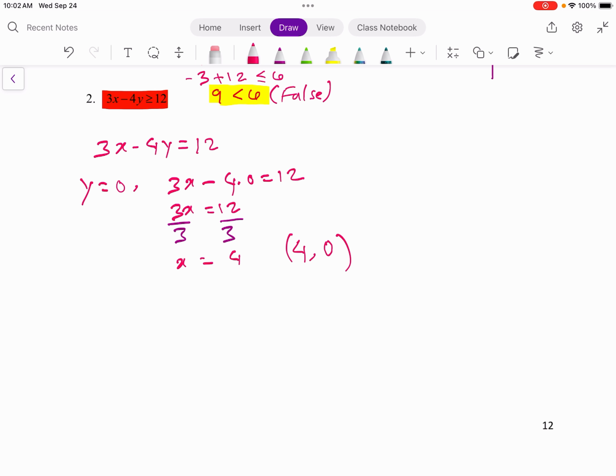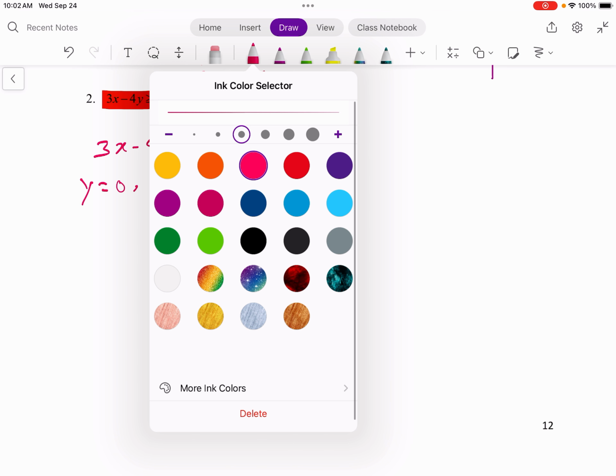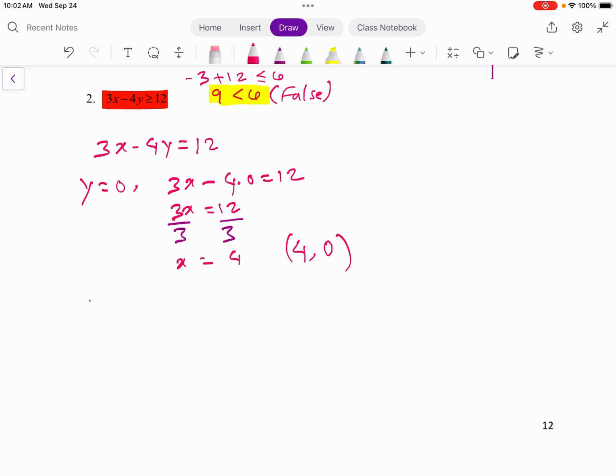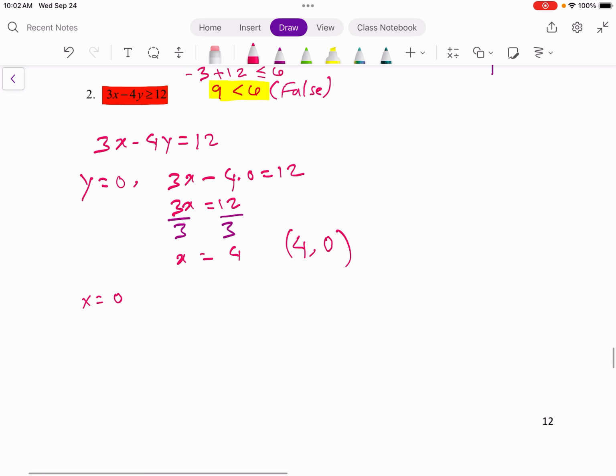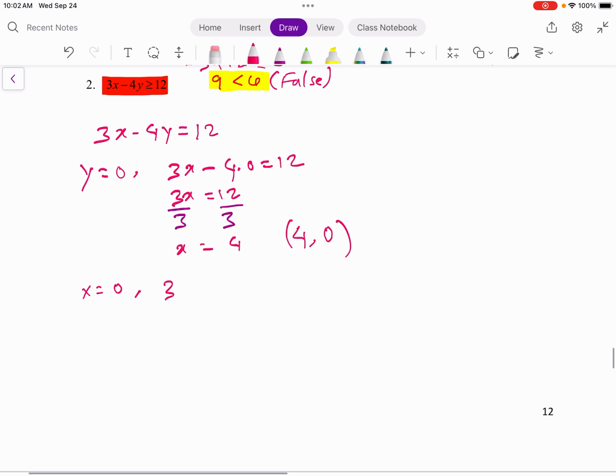Now next, let's find the y-intercept, and every point on the y-axis has x coordinate 0. So you replace x by 0 in your equation. We have 3 times 0 minus 4y equals 12. So this is negative 4y equals 12.